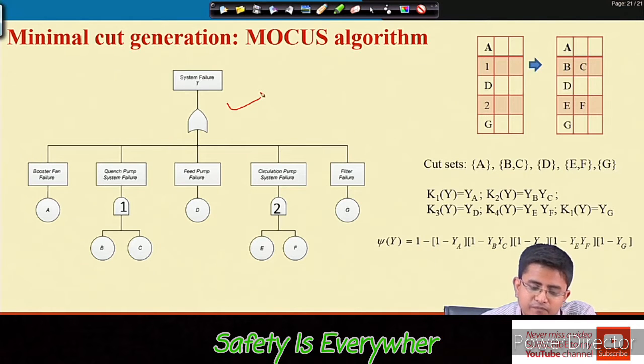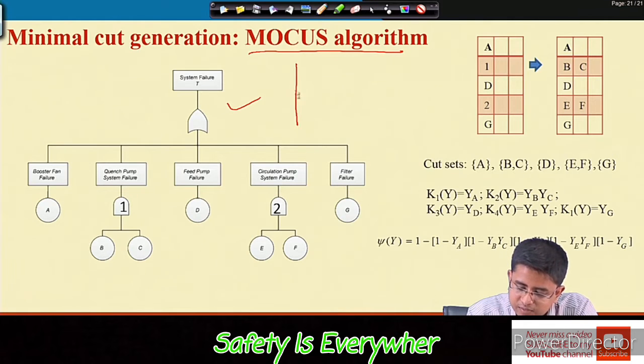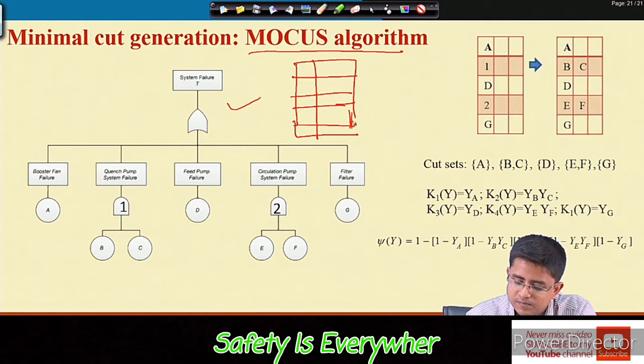So, for getting the minimal cut of this fault tree, we have to use the MOCUS algorithm. So, what is MOCUS algorithm? Suppose this is my matrix 2, 3. Okay.